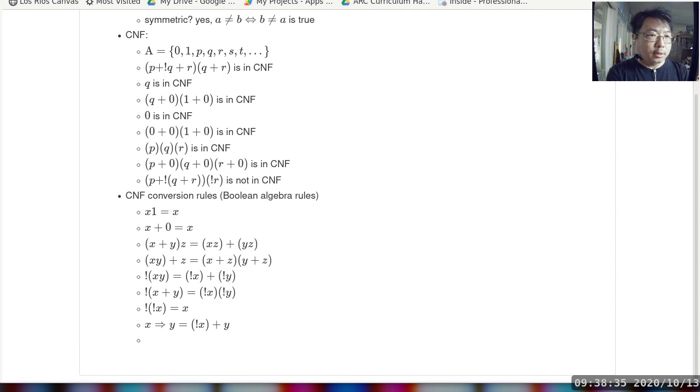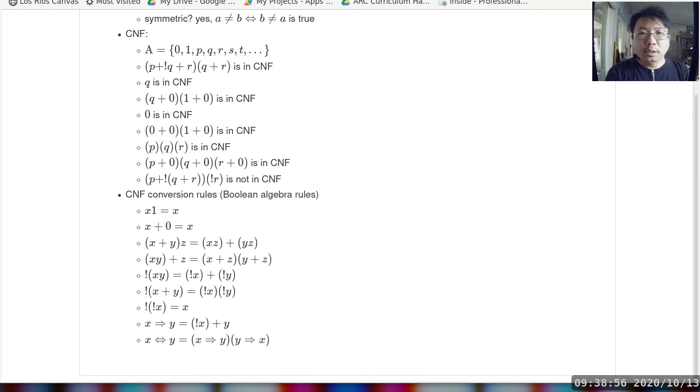Let's see, if and only if. Okay, so x if and only if y is the same thing as x implies y and y implies x.